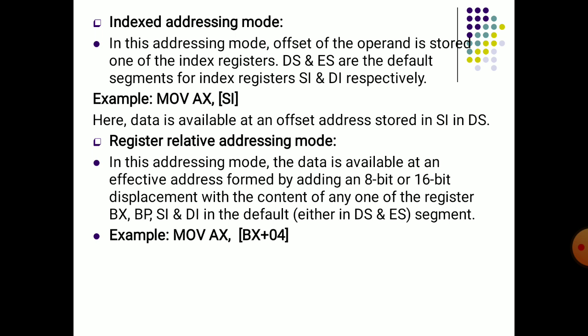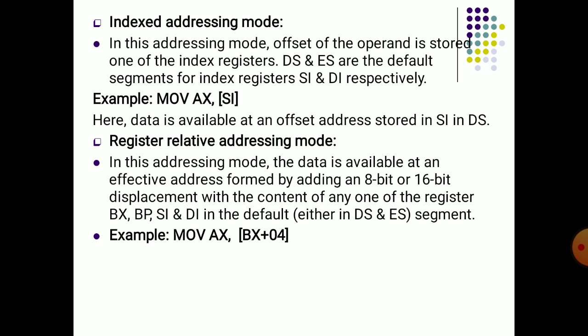Just make a note: relative indicates that a displacement field is available, either an 8-bit or 16-bit displacement in the instruction. The best example is MOV AX, [BX + 04], register relative addressing mode.